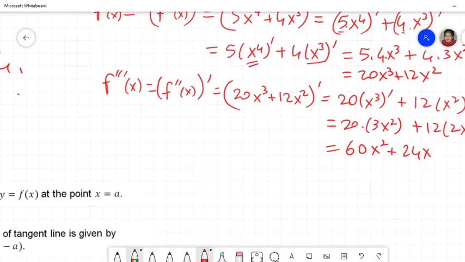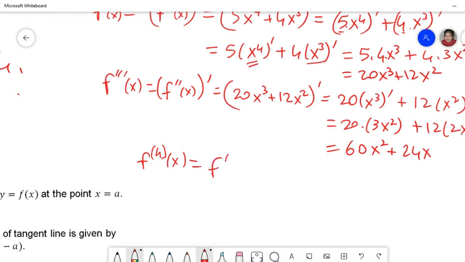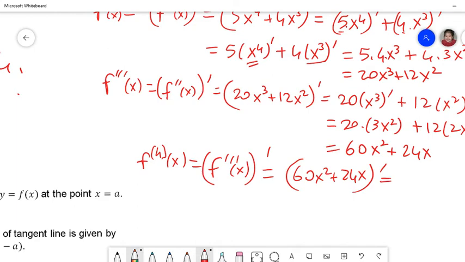Okay, I can keep doing this. The fourth derivative will be the derivative of the third derivative, which is 60x squared plus 24x. This derivative will be 60 times the derivative of x squared plus 24 times the derivative of x.